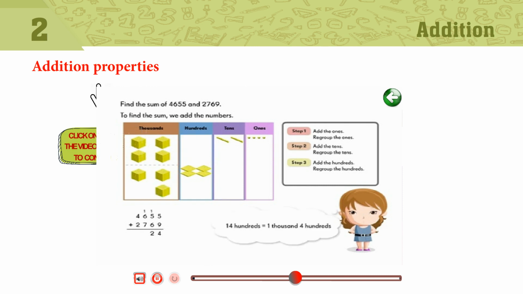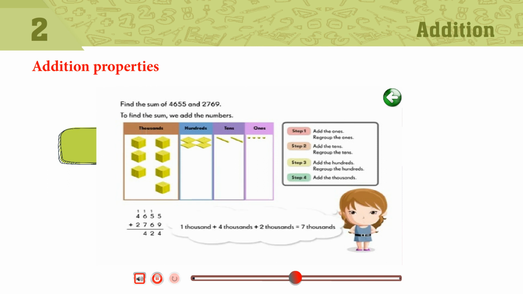We regroup 14 hundreds as 1 thousand 4 hundreds. Lastly, we add the thousands. 1,000 plus 4,000 plus 2,000 equals 7,000.